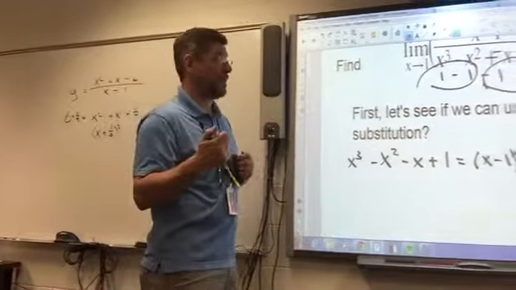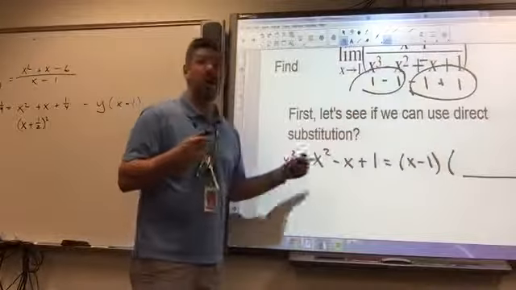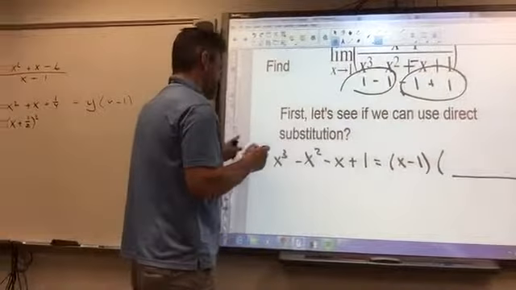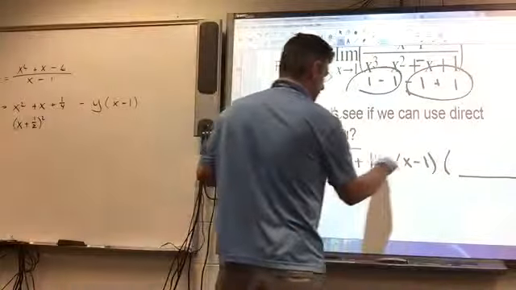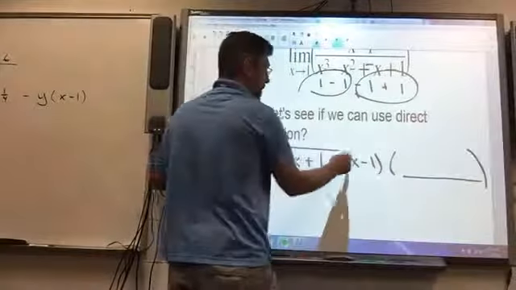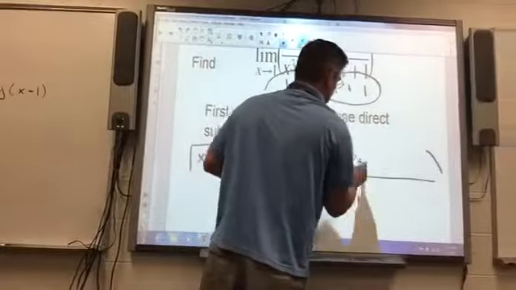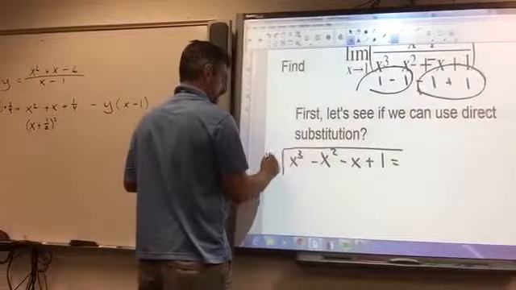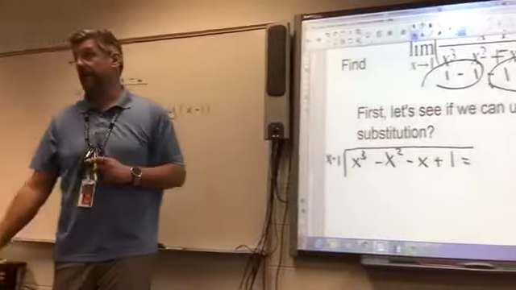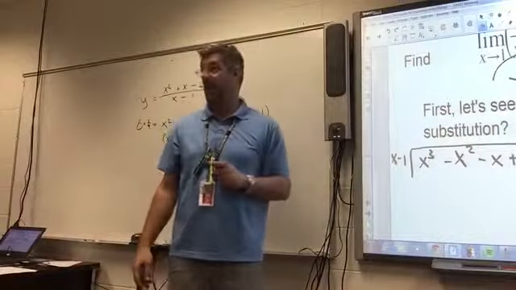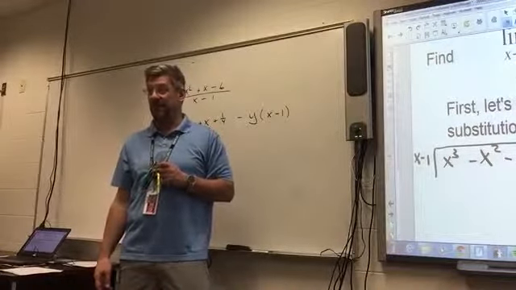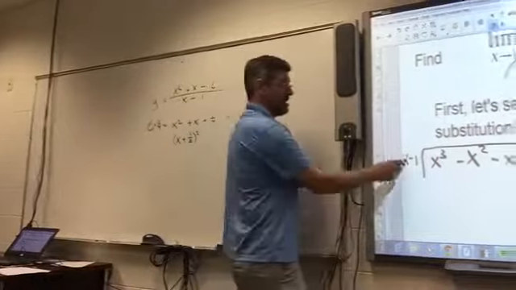First term's going to be x squared. So, what do we have to do? We have to take this polynomial right here and divide it by something. What do I divide it by? X minus 1. Do we want to do this synthetically, or do we want to do this the old-fashioned way? All right. X goes into x cubed.